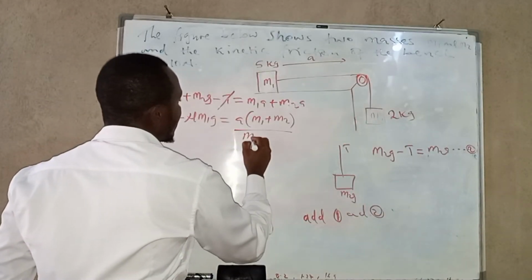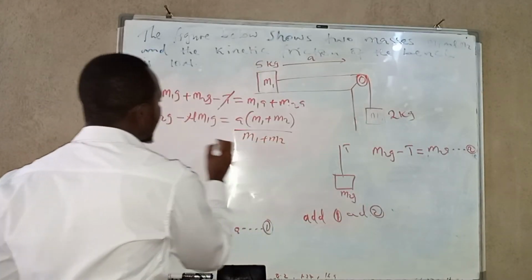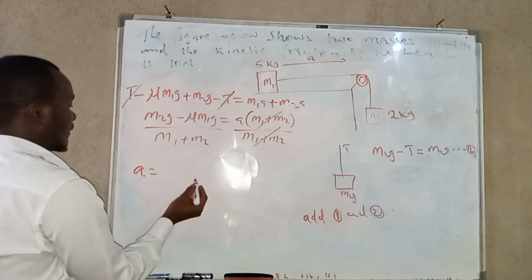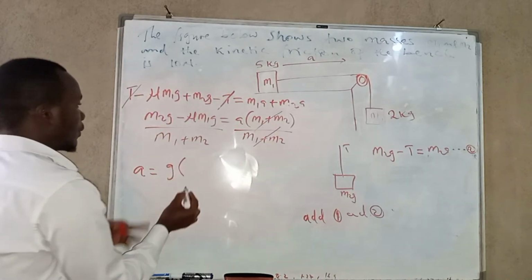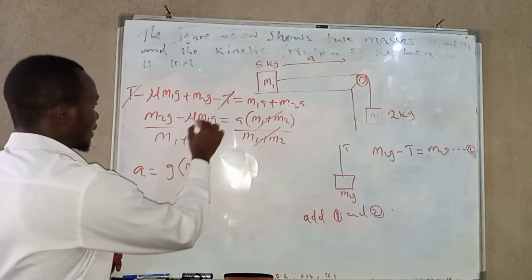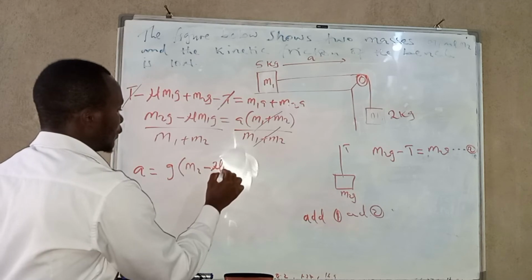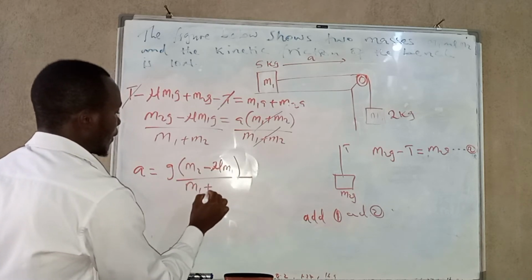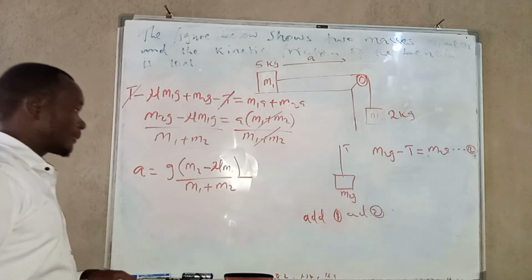So we can divide through by M1 plus M2, and this and this will go, and A is equal to G, which is common, we can even factor it out. So we have G times M2 minus mu M1 over M1 plus M2.